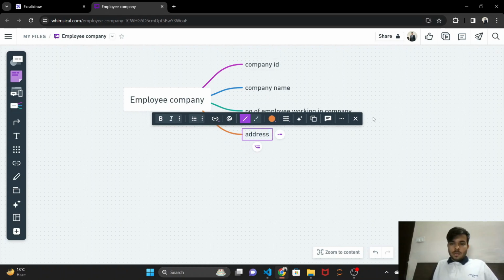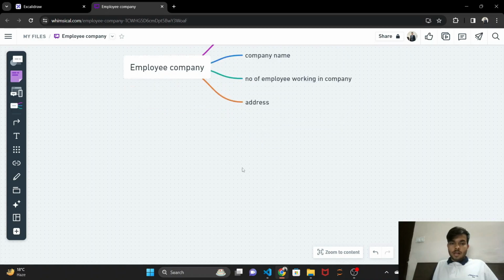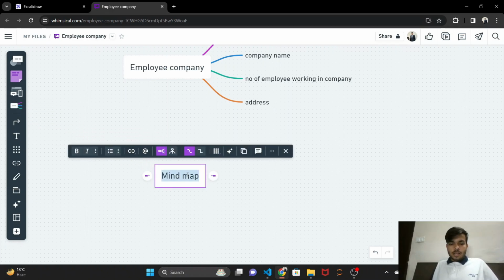So these are some of the properties that are telling us about the employee company, the company in which the employee is working.